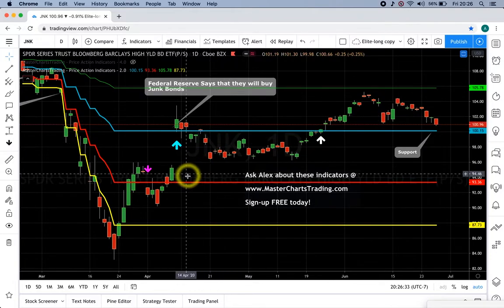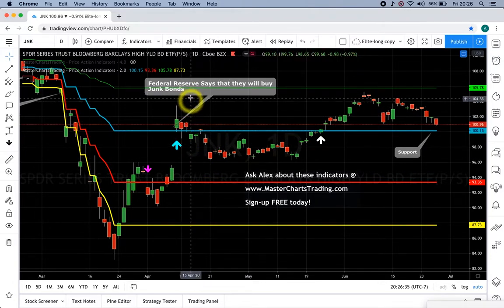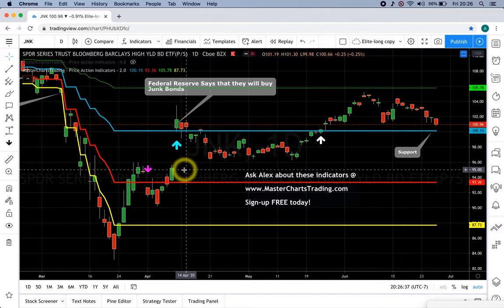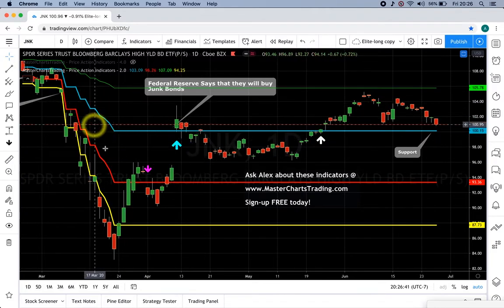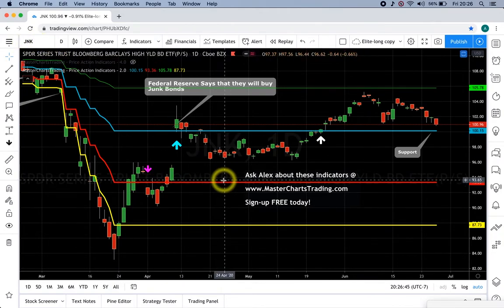Now, a few months ago, the Federal Reserve came out and said that they're going to start buying junk bonds. In fact, they said they will be buying this particular ETF, JNK. I don't normally let the news influence my trading behavior.